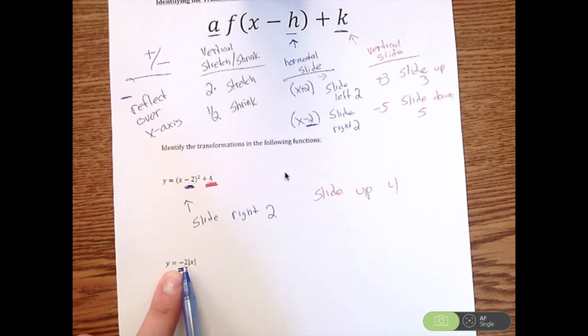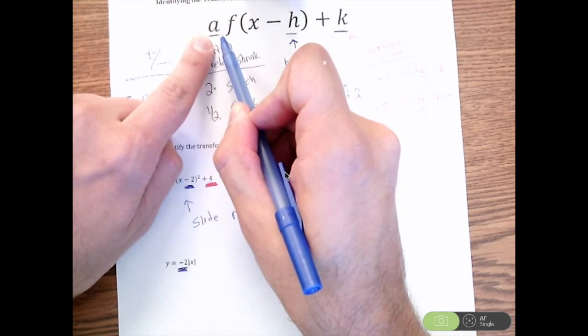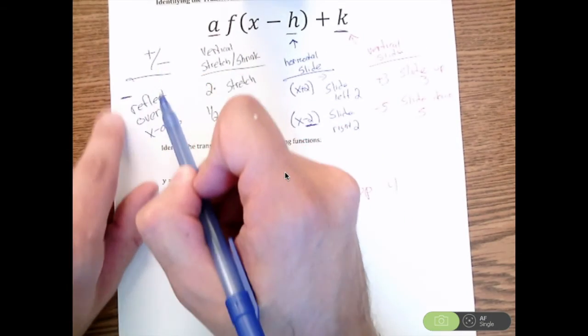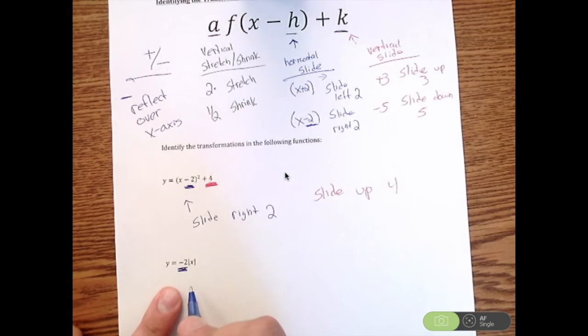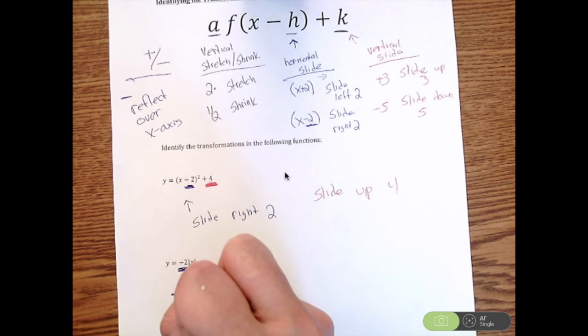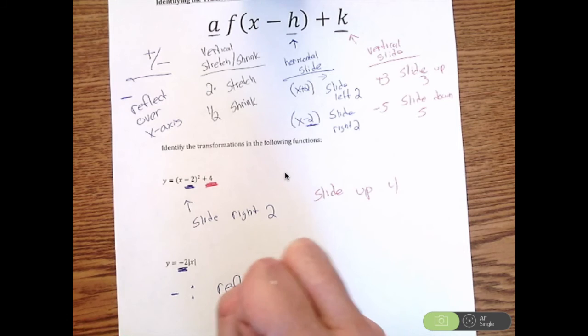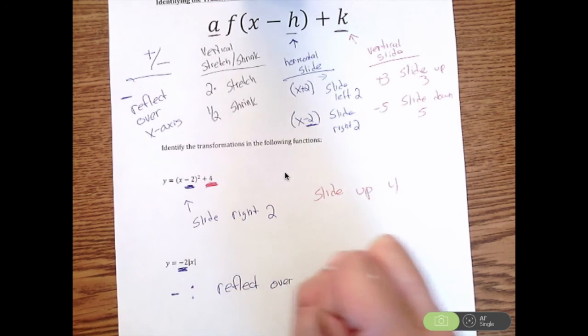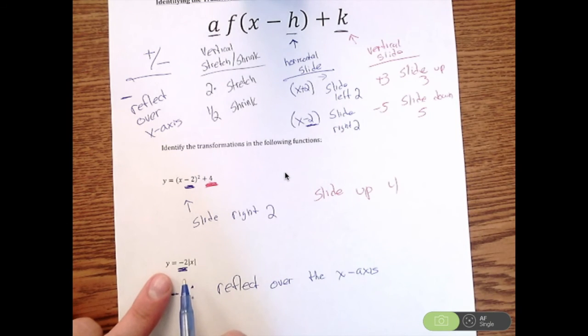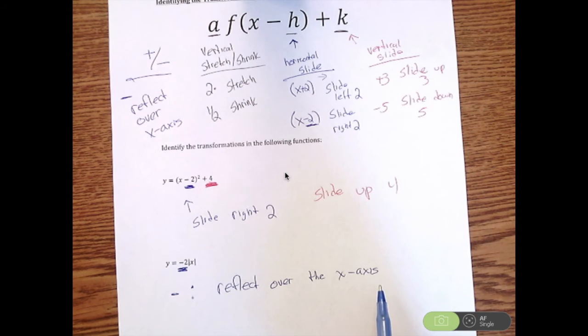So I have a number out front, and that would be A. A is going to be a vertical stretch or shrink, and if it's positive or negative, that's going to reflect it. Since I'm dealing with the negative on -2, this is going to reflect over the x-axis. Just because of the negative sign, I already know that this graph is going to be reflected over the x-axis.